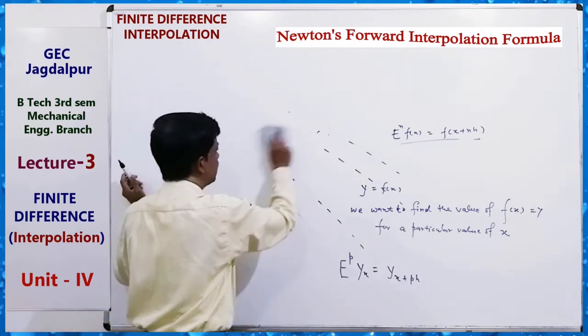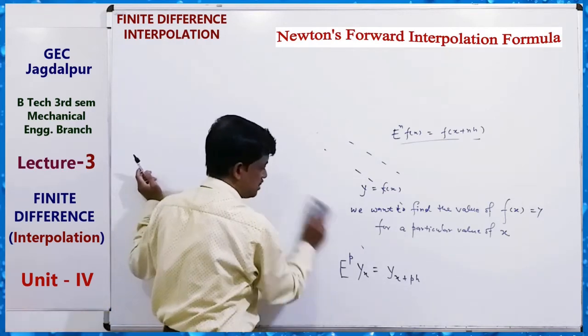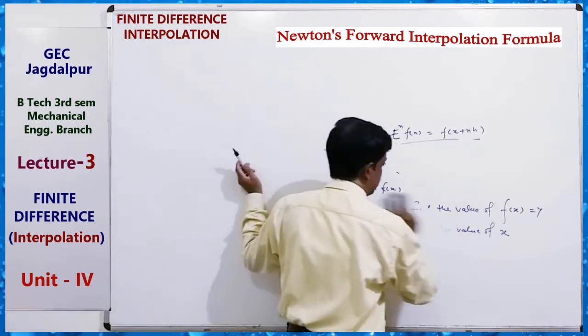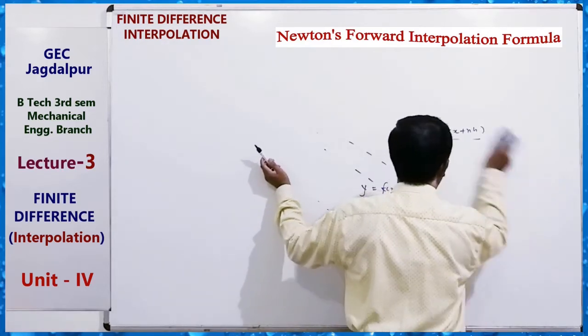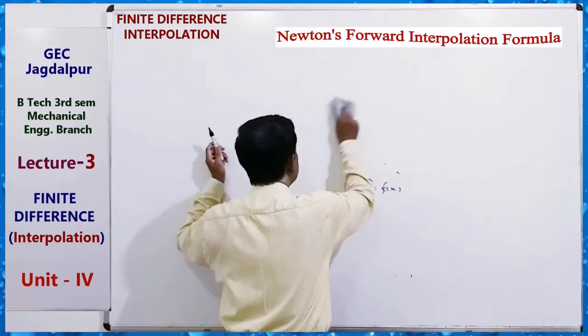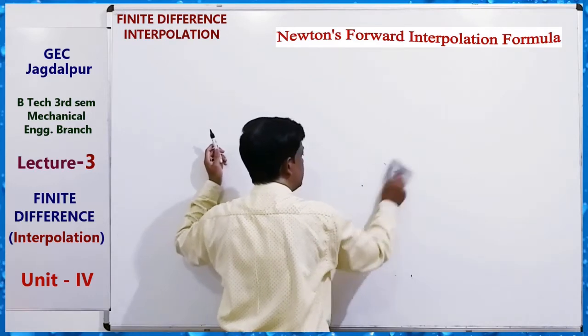Okay, so here suppose the interval of difference is h, and these values of x are taken: x0, x0 plus h, x0 plus 2h, and so on, and the values of the function are the entries y0, y1, y2, y3 and so on.